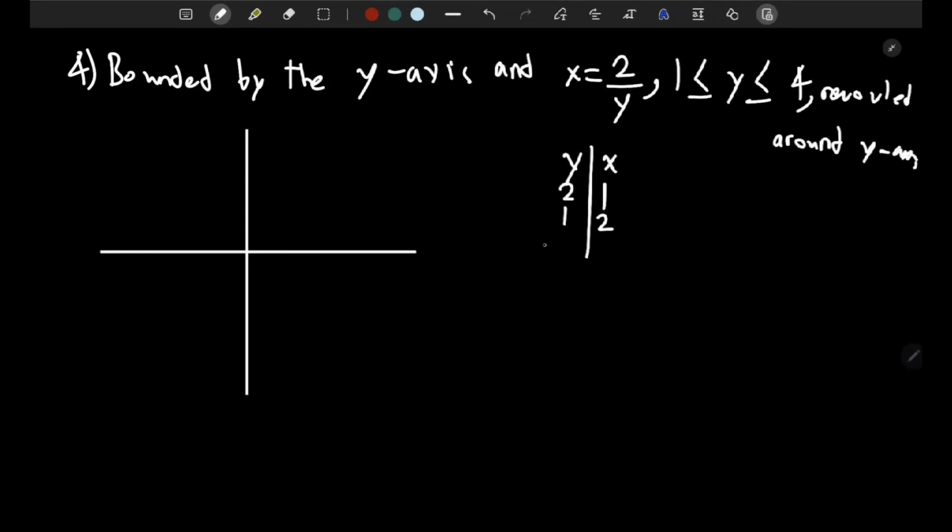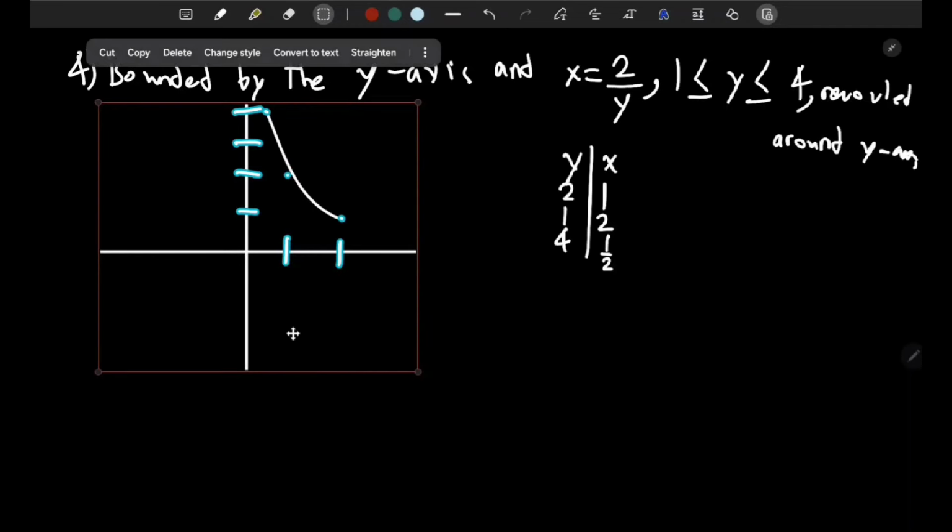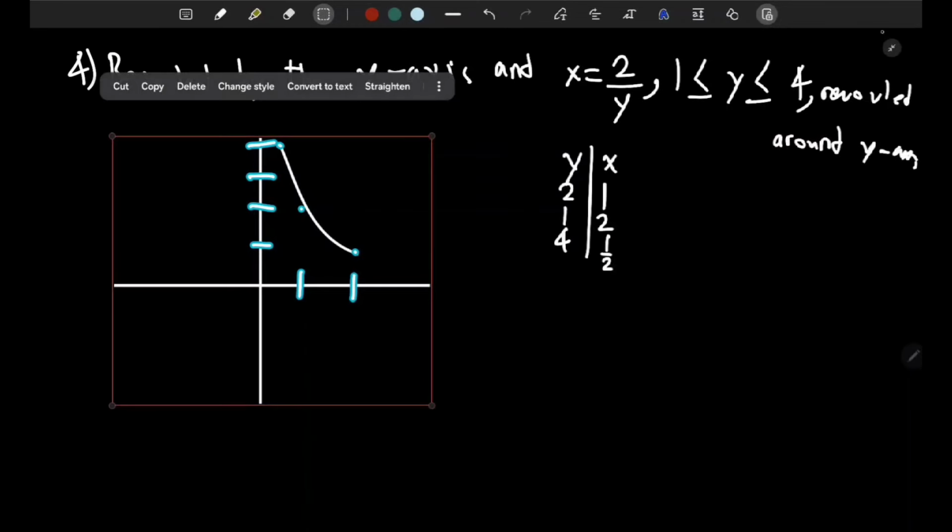And the last point I'm going to take is when y is equal to 0.5, x is going to be 4. And actually here a better point would be y is equal to 4. So here x will be equal to half. So now let's plot it out. So here is the graph. It's not accurate, but I just drew it as best as I can.